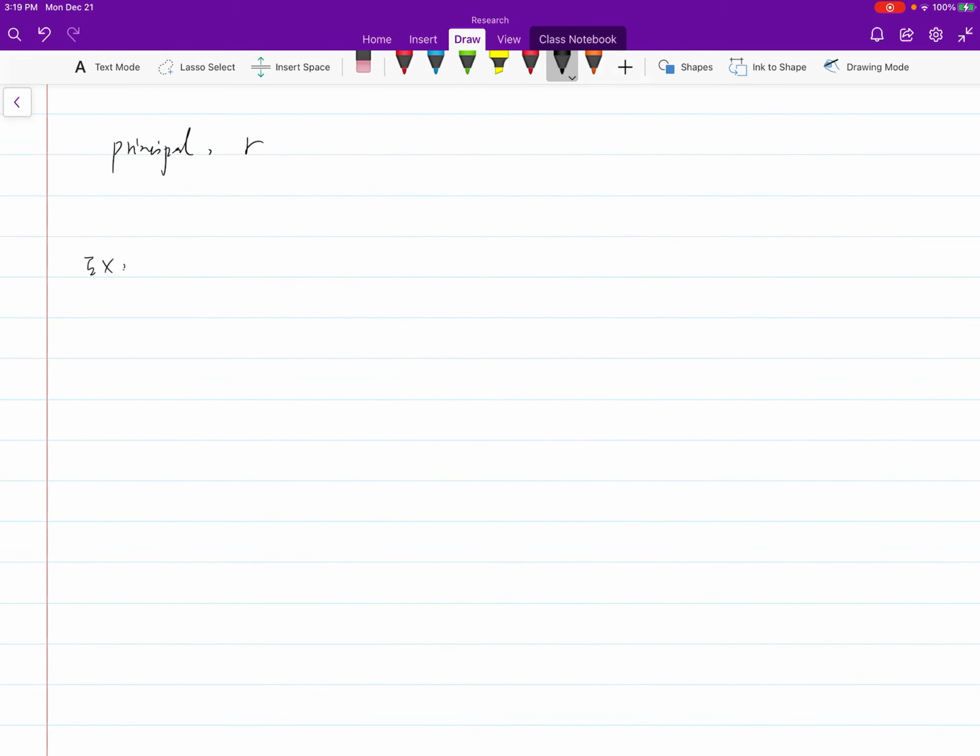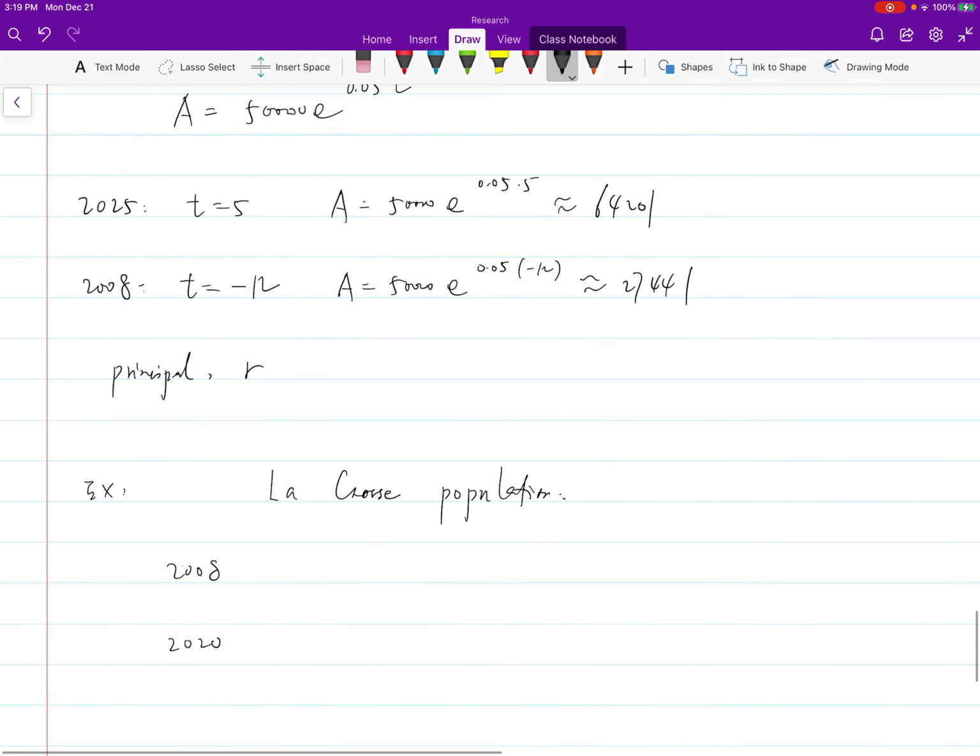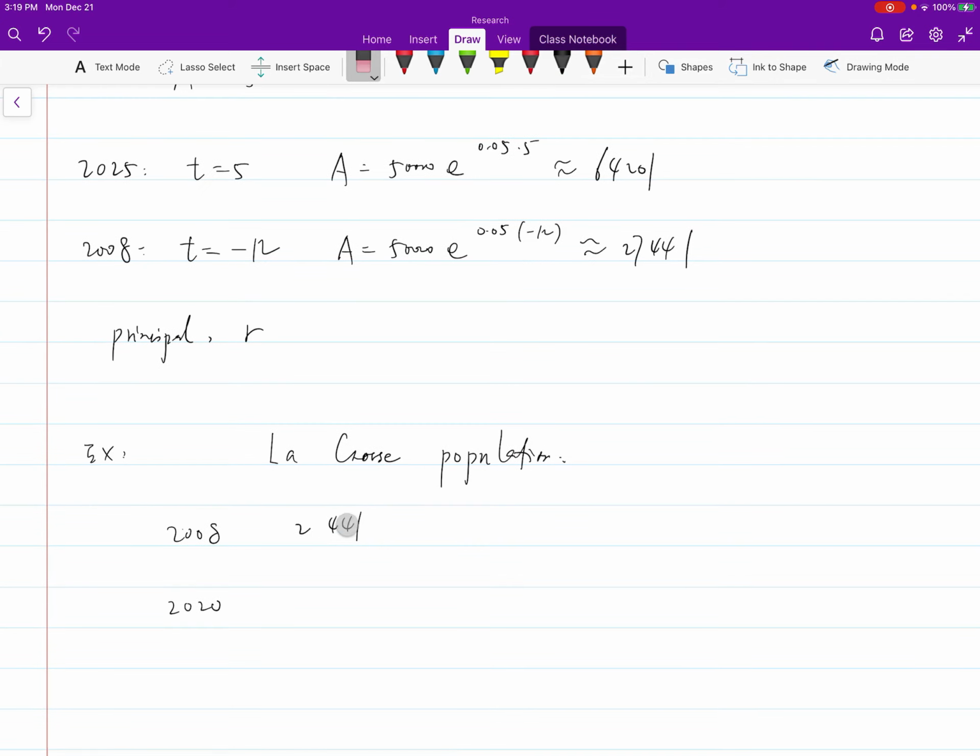What you do is you measure the population in 2020 and you measure in 2008, because the population is way easier to measure than the growth rate.